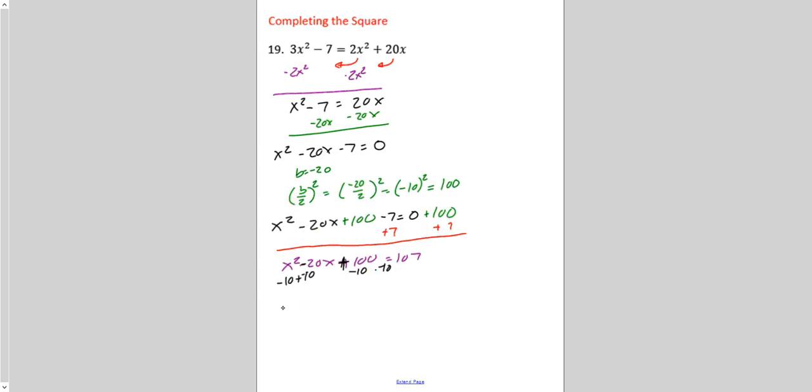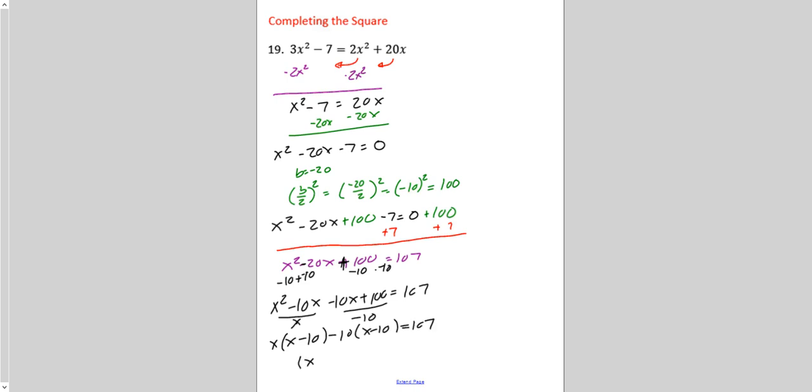So as I work to factor this out, I get x squared minus 10x minus 10x plus 100 equals 107. First two terms have an x in common, so I can pull out an x and I get x minus 10. My next two terms have a negative 10 in common, so I'm going to get x minus 10 equals 107.